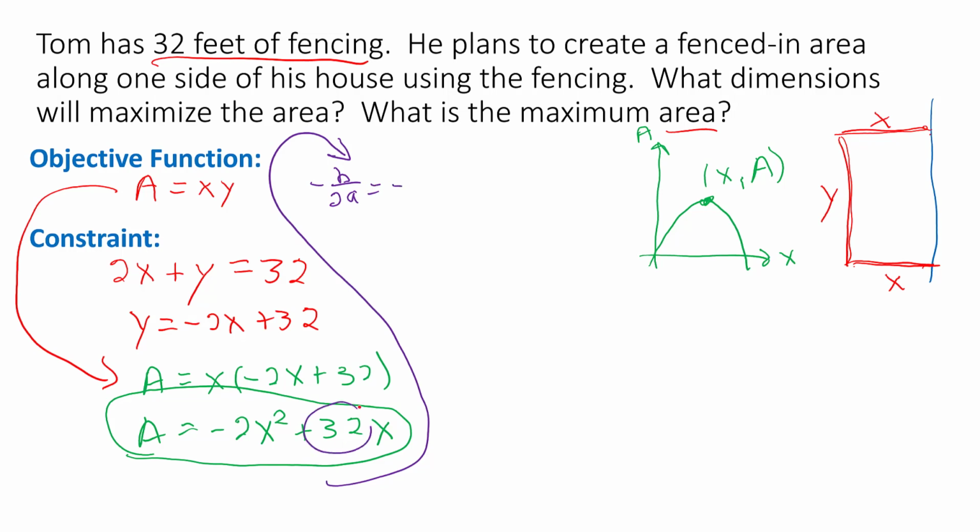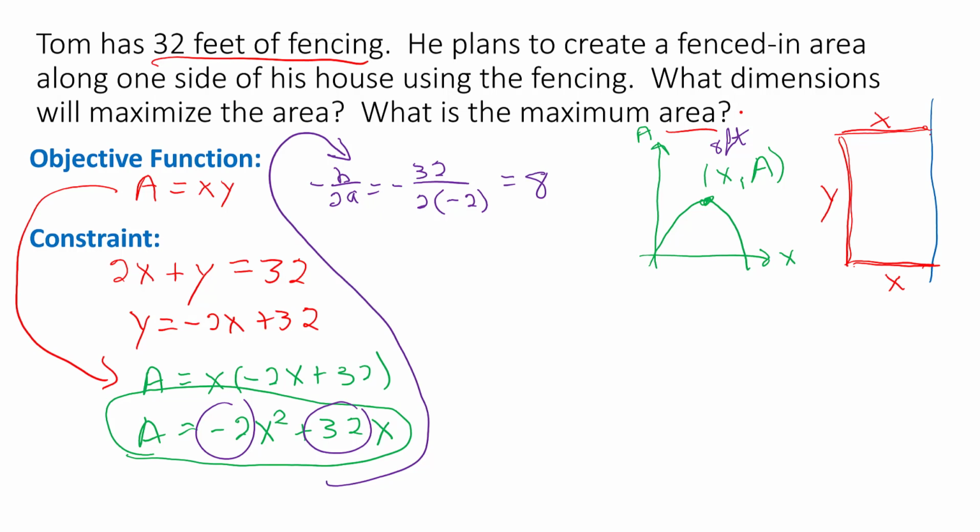Here b is equal to 32, and a is equal to negative 2. So negative b over 2a, negative 32 over 2 times negative 2, would be the same as 32 over positive 4, or 8. So we found that the x-coordinate of the vertex is 8 feet.